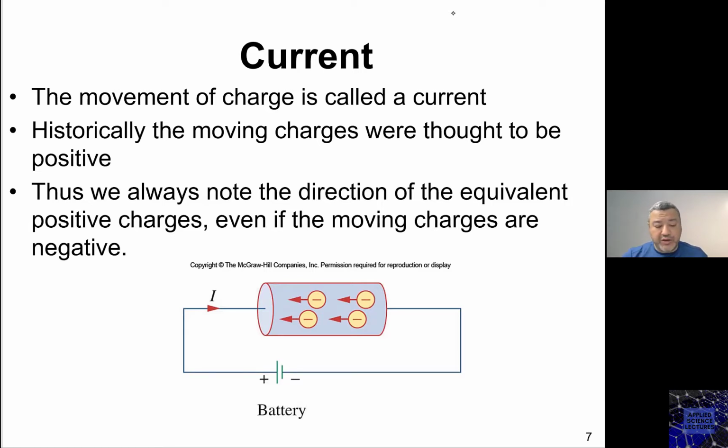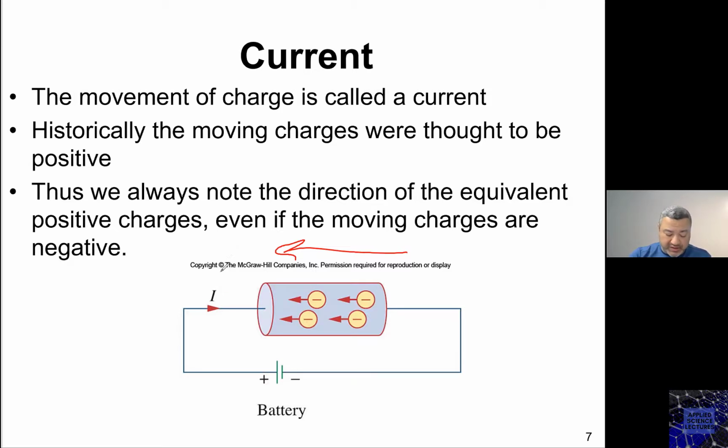Now we have two ways to describe the motion of the charges. Either we look at the electrons, and then we say the flow of the electrons. In this case, if you look here in this circuit, you will see that the flow of the electrons is going in this direction. The convention that we'll be using in this course basically defines the flow of the positive charges. So if you have a negative charge moving from right to left, this means that you have an equivalent positive charge moving from left to right.